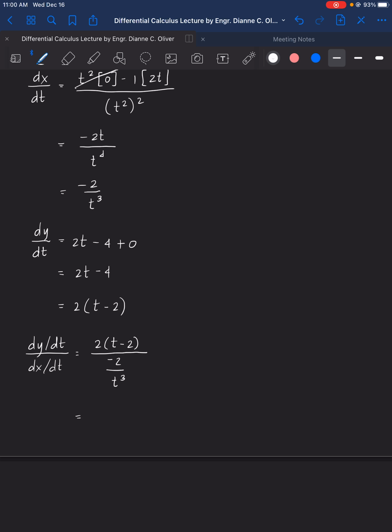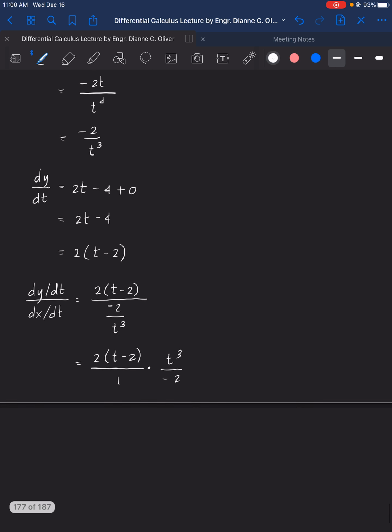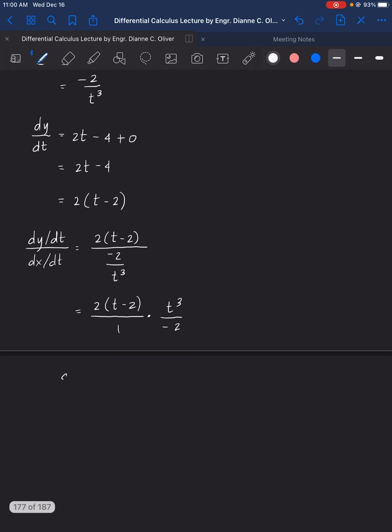And that is equal to 2 times t minus 2 all over 1 multiplied with the reciprocal. We have there t raised to 3 all over negative 2. So we cancel dt here. So what's left will be dy over dx. Cancel out 2. So what's left is negative t raised to 3 times t minus 2. That is the first derivative.